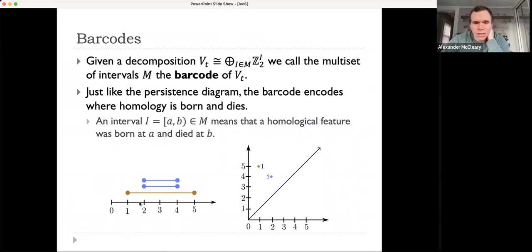We can actually view this as a barcode as well, by separating out each, so that 2 we're just going to view as 2 different bars. So we have 2 bars that go from 2 to 4, and then we have 1 bar that goes from 1 to 5. So barcodes are really just the same thing as persistence diagrams. It's just a different way of visualizing the data, but it's the exact same data.